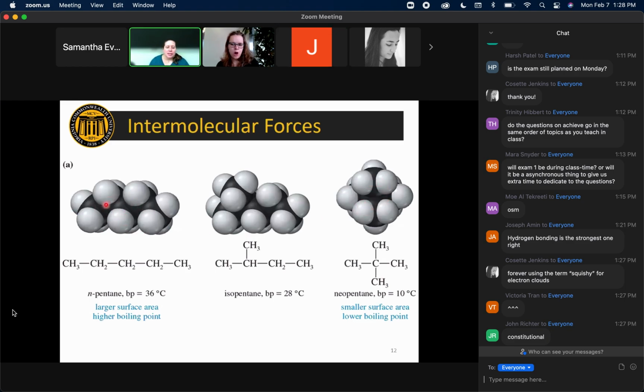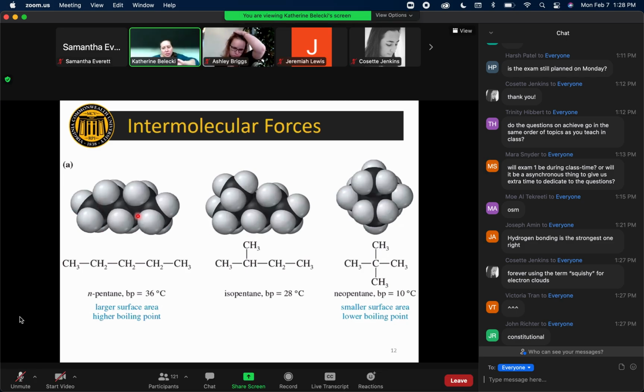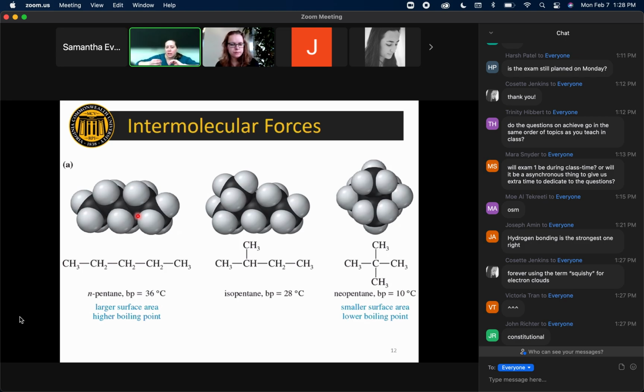And so n-pentane, the linear version, has more opportunities to create temporary dipoles and to induce temporary dipoles in other molecules that it encounters than the condensed version, which has a smaller surface area and therefore an electron cloud that is more dense and less squishy, right?